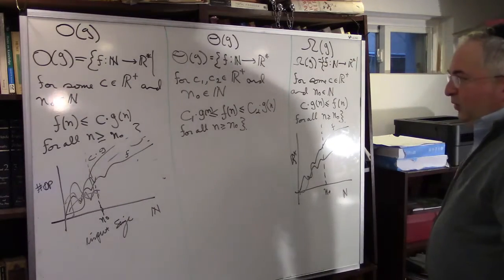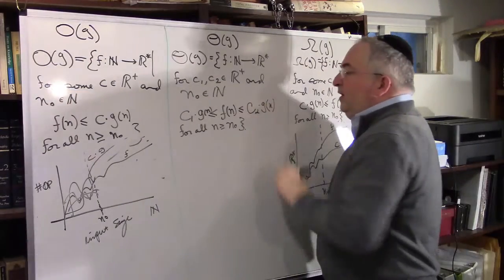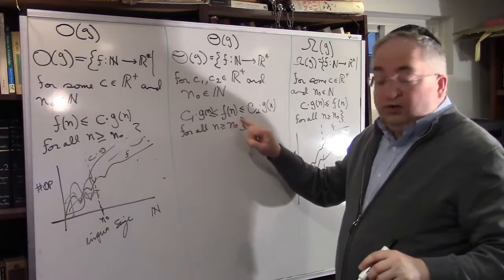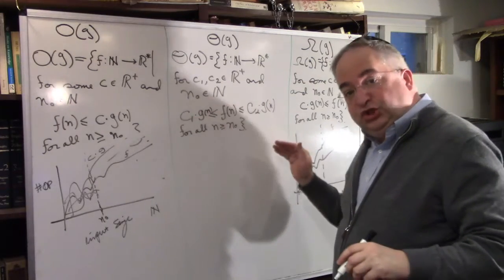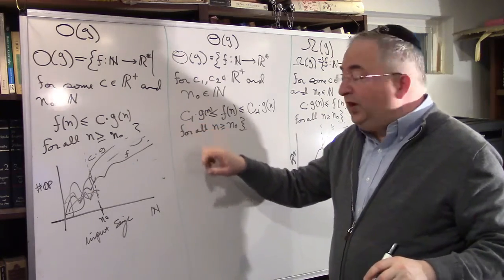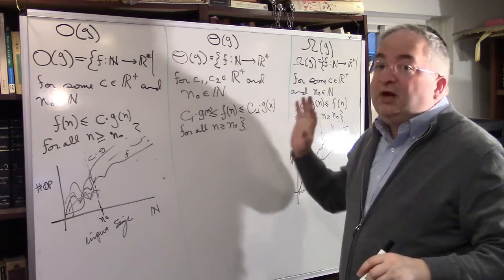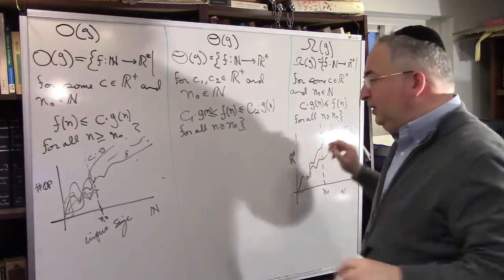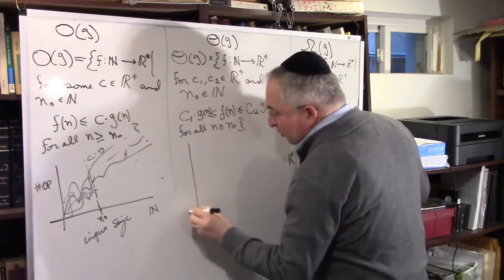What that means is f grows the same as g. There might be a coefficient beforehand, there might be a coefficient afterwards, but it's pretty much the same. And the picture is almost the same.